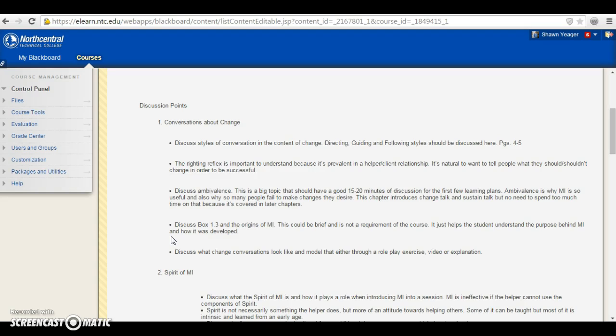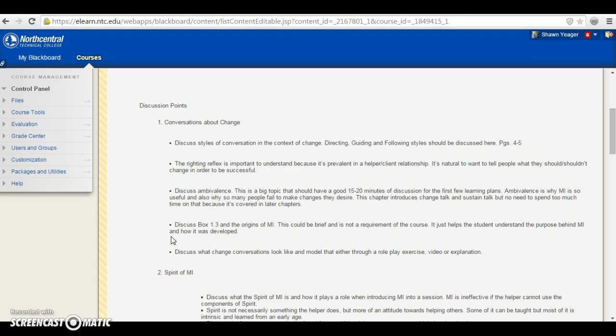What I'm going to do is cover the first couple of chapters here in your text. And what I want to cover first is what MI, motivational interviewing, is. So MI has a history of probably over 20 years. It was started by Dr. Bill Miller and Stephen Rollnick, and they have been working on fine-tuning MI over the past probably 25, 30 years.